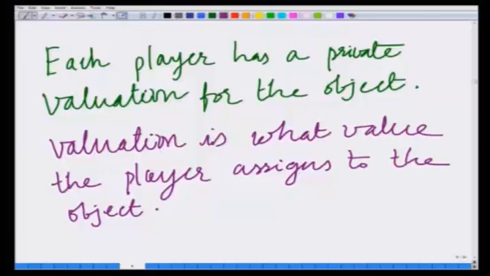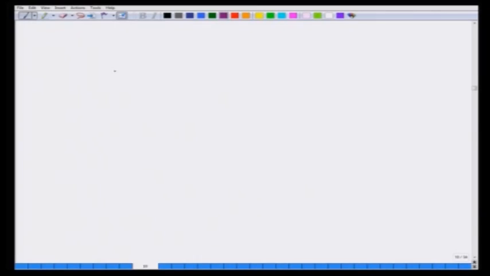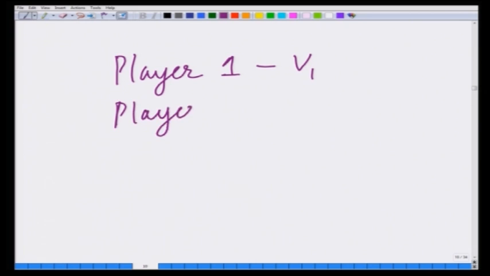Let us call these private valuations the valuations of player 1 and player 2. Let us say player 1 has a valuation V1 and player 2 has a valuation V2.